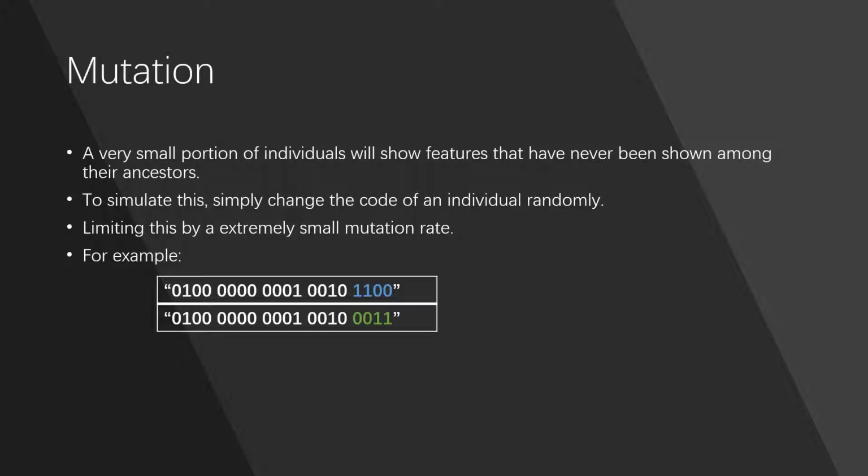For example, we can simply flip a snippet of code of an individual, just as what we did in this table, but we need to be very careful when we do this, to make sure that all the mutated individuals are still valid ones according to the problem we are trying to solve.